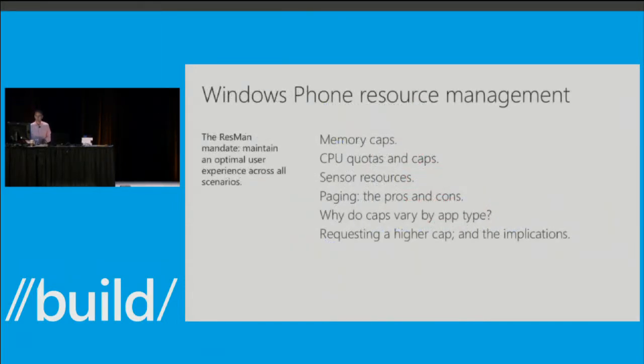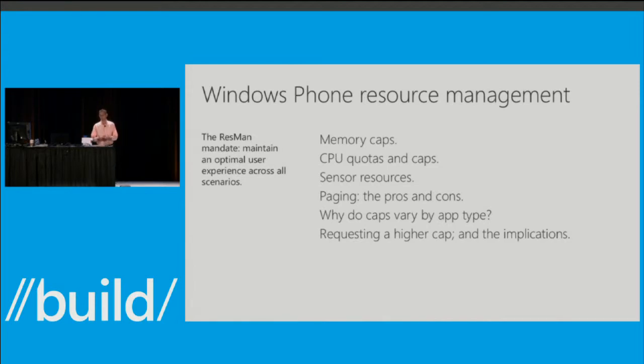Okay, let's look at the resource manager. The purpose of the resource manager kind of parallels what I said earlier on about playing nice in the ecosystem. The purpose of the resource manager is to try and enforce some level of playing nice in the ecosystem.